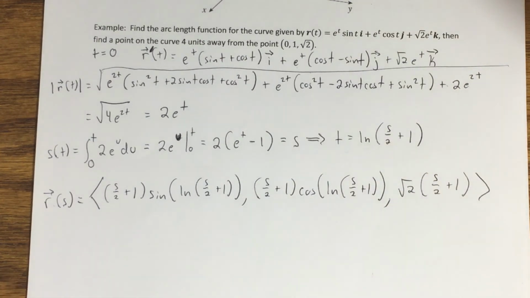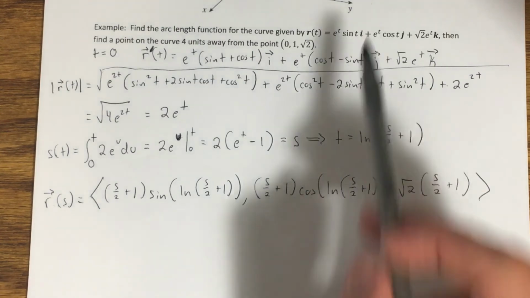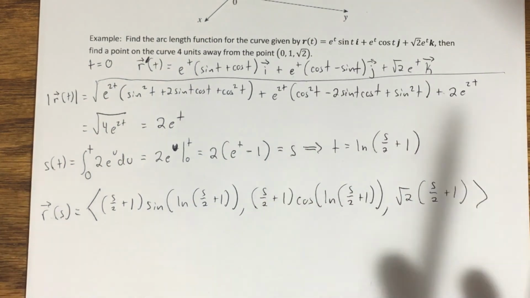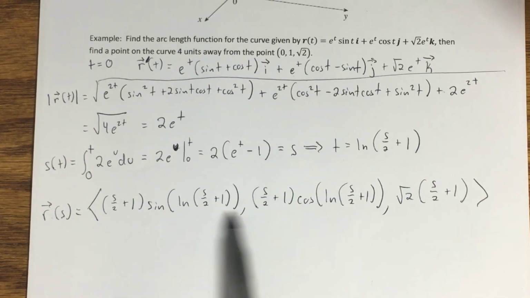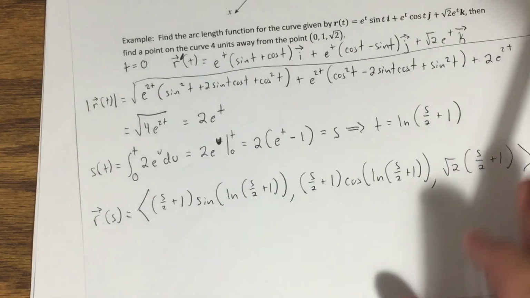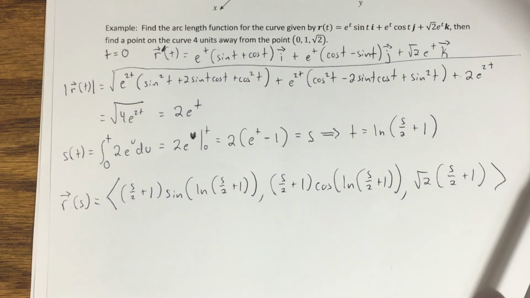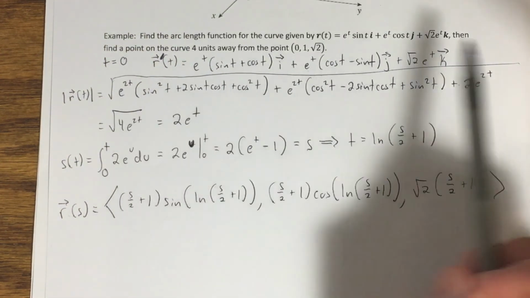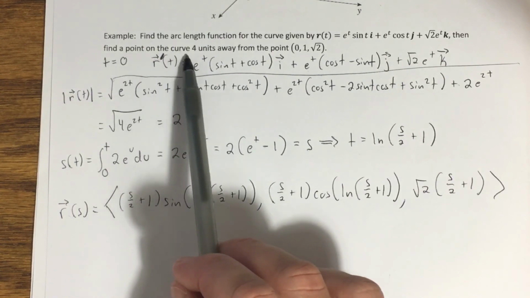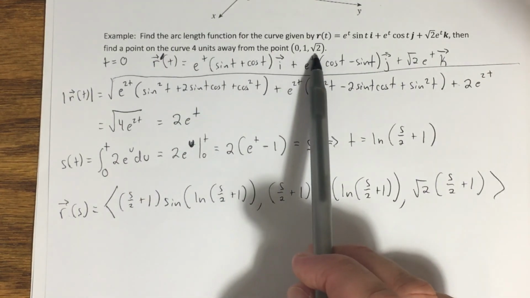Okay, now that looks a lot worse than what we started with, right? When things were written in terms of t, they were much simpler. But the benefit of having it parametrized with respect to arc length, which is what we just did, we call this re-parametrizing with respect to arc length, is that I can answer this question much more readily. It says we want to find a point on the curve that's 4 units away from this given point.